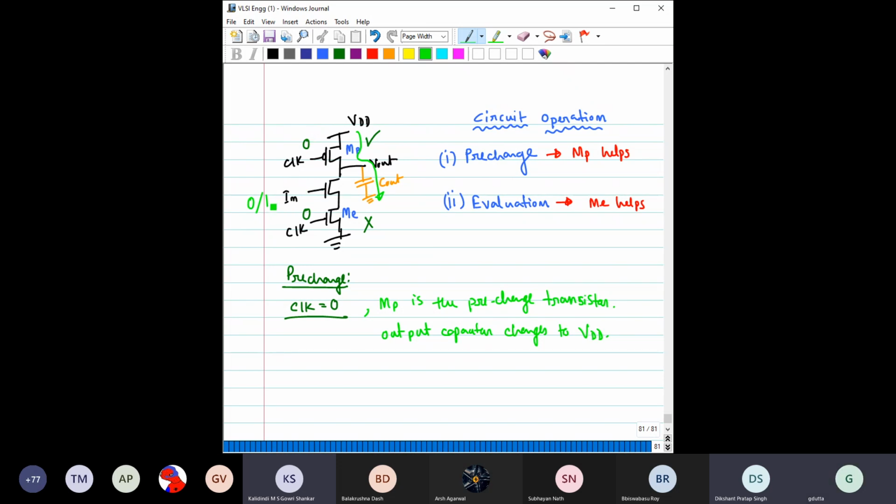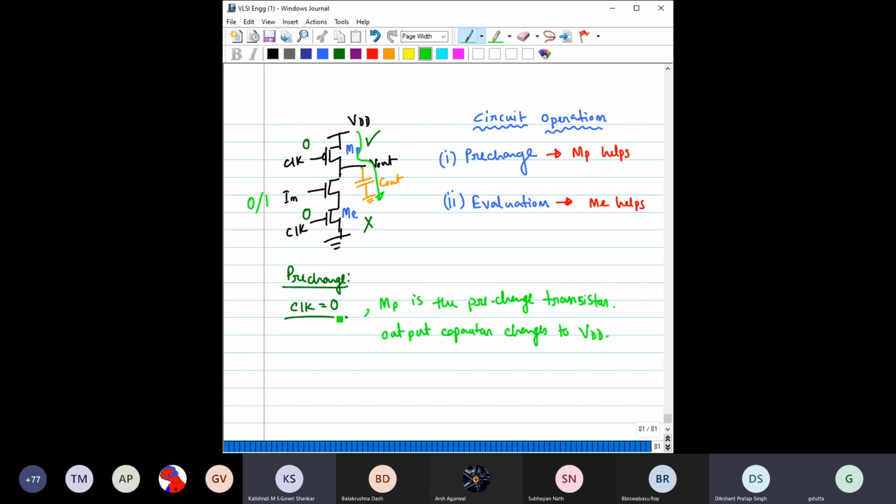So if this input is 1, now this transistor is on. But still this capacitor cannot discharge, because these two transistors which are NMOS, they are in series. So this is off. How can this capacitor discharge even though this is on? Right? So this capacitor will be in a charged state only.